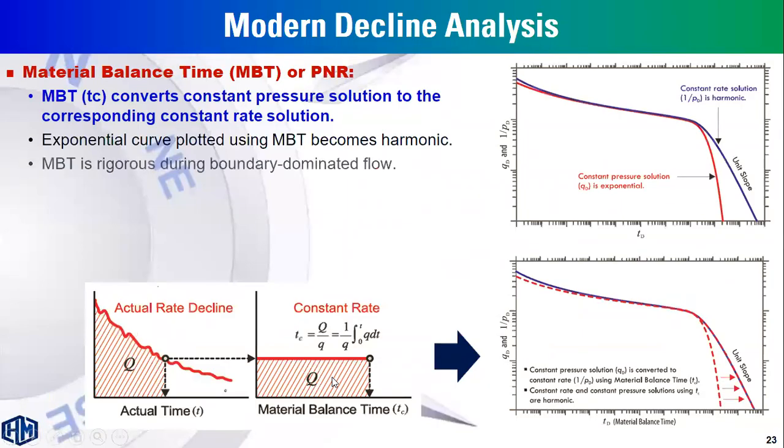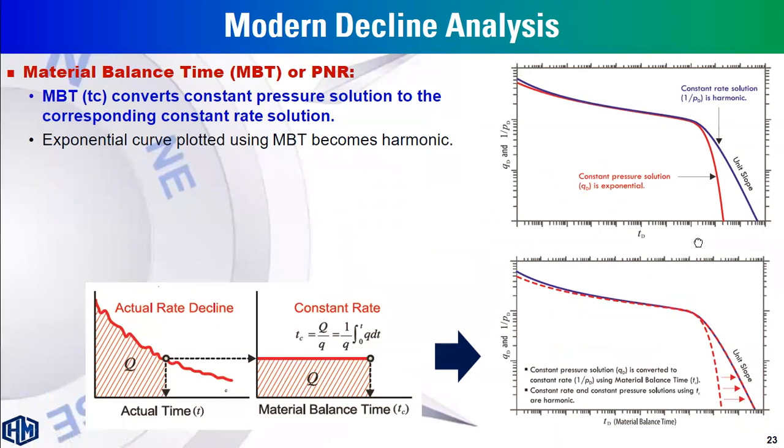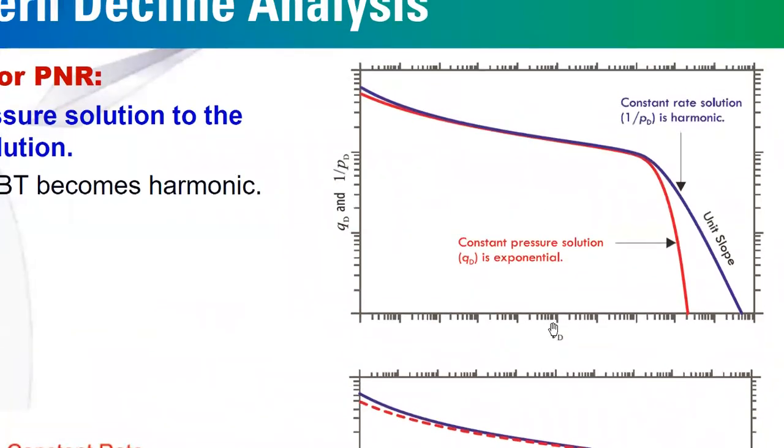So by using the material balance time, the exponential curve of the Fetkovich will be equivalent to the harmonic. So this is the effect of material balance time. This is the dimensionless rate against dimensionless time.